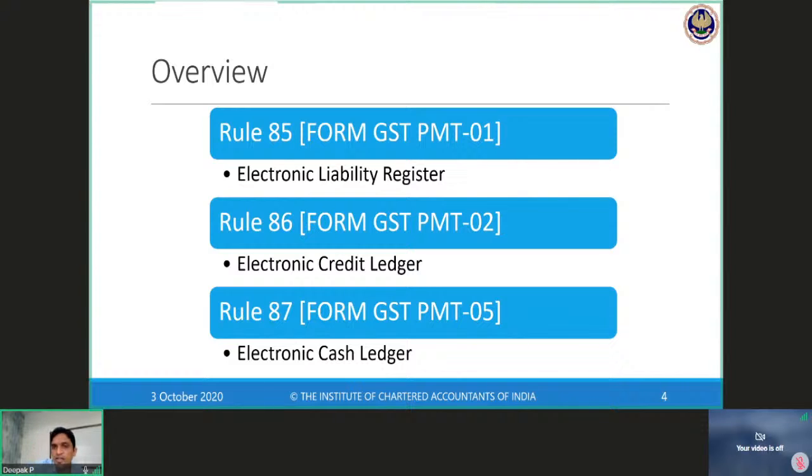So multi-choice questions are there in the study material and they are self-explanatory. Once you have understood these concepts, I think MCQs are also easy to understand.